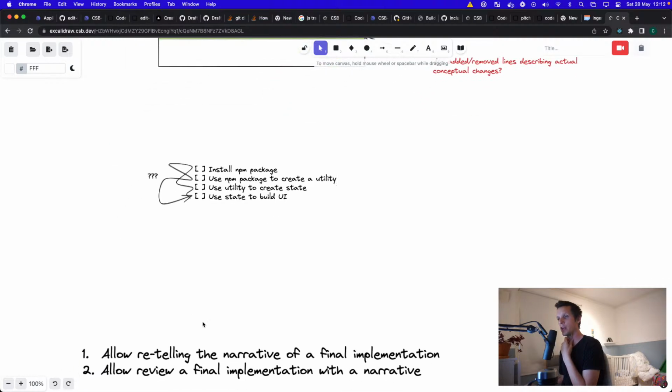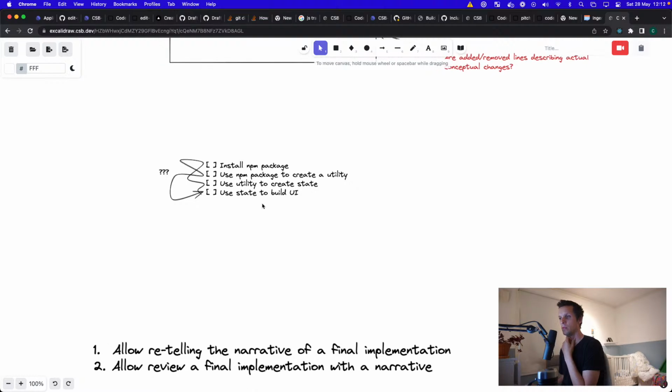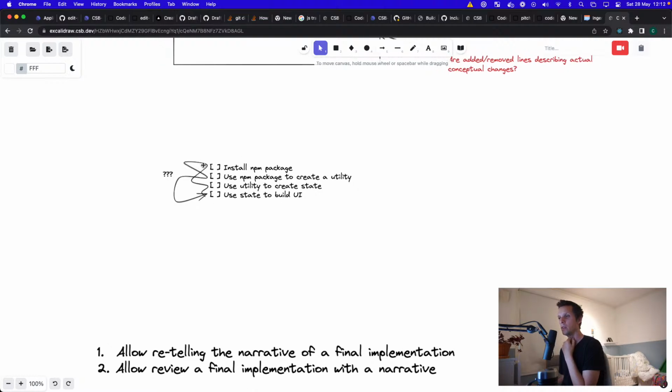And I talked about a simple example of installing an npm package, using that to create a utility, using that utility to create some state management, and then using state to build the UI. And very often you go back and forward here, committing different things.